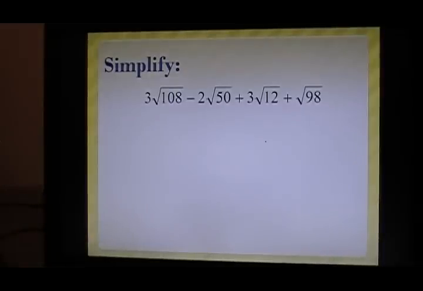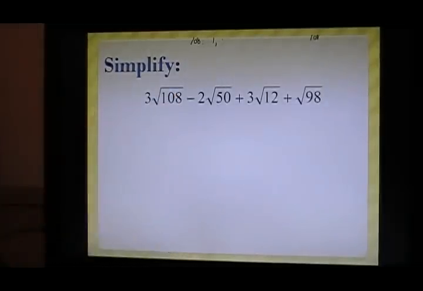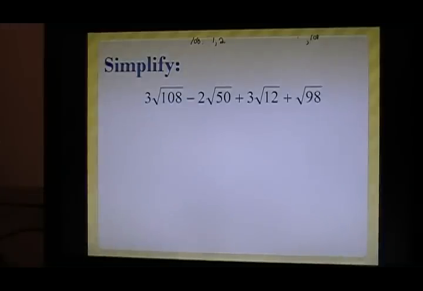So one of the methods that we were talking about before is just taking your number and listing all of the factors. So if I start that process here, I know 1 and 108 are factors. Because this ends in an even number, I know that it's divisible by 2. So I would be 2 and what? 108 divided by 2 would be 54. I know that 3 goes into 108.